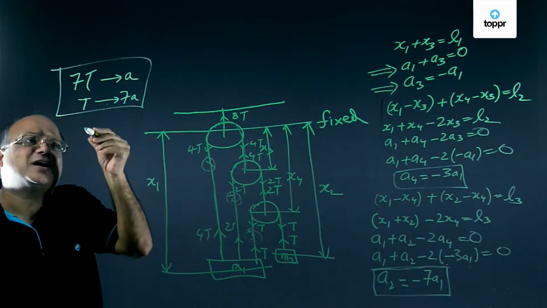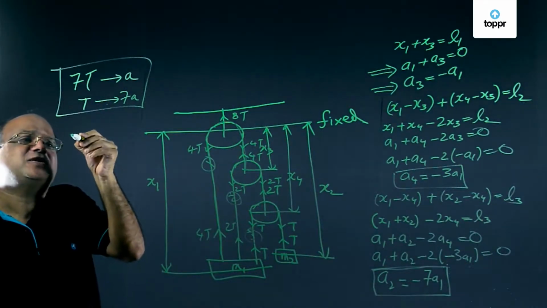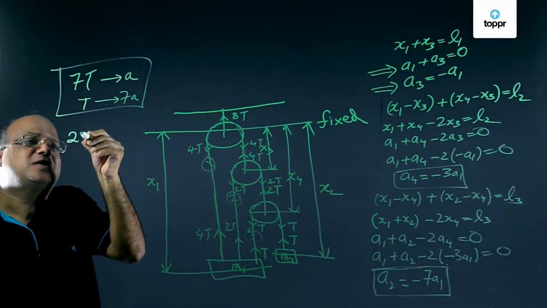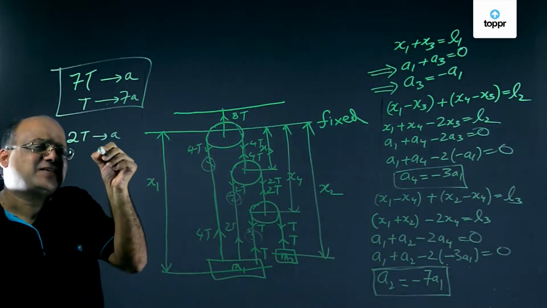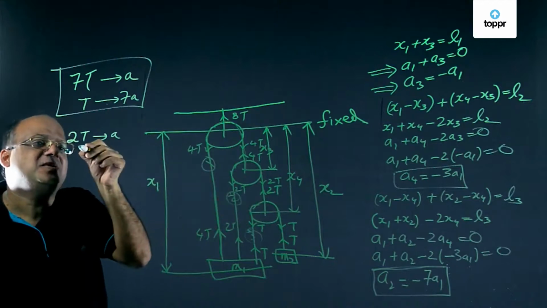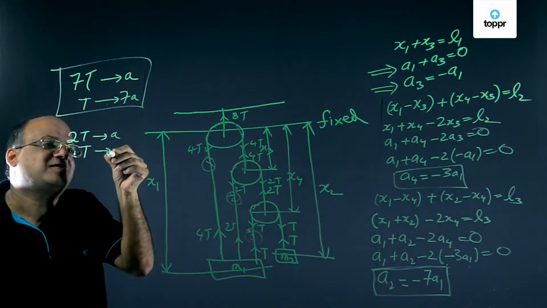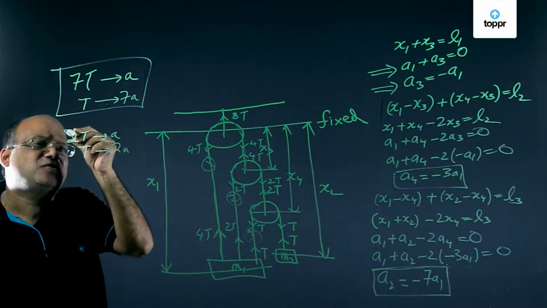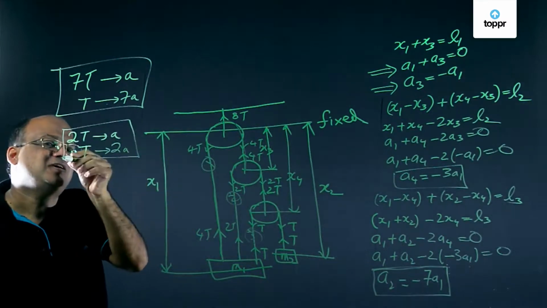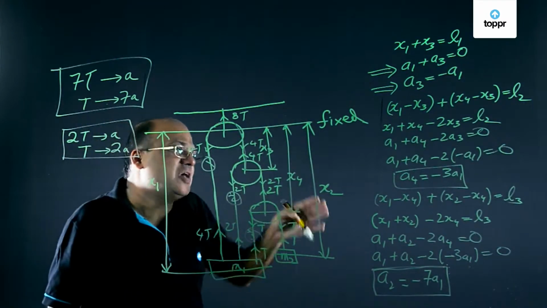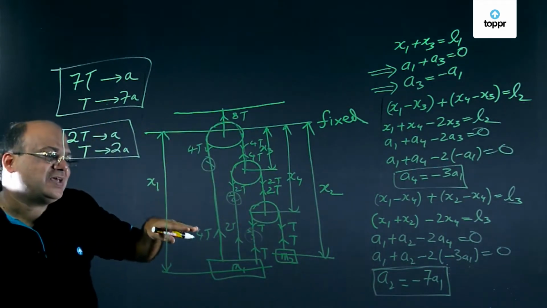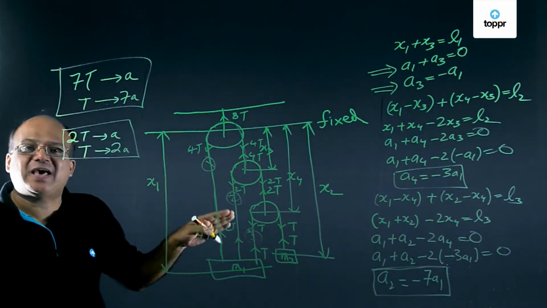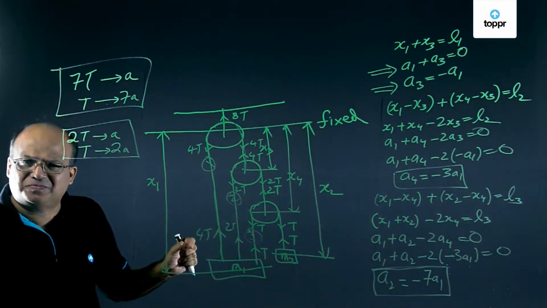Earlier we have learned that if somewhere the tension is 2T and the acceleration is A, then in that same pulley system, where the tension is T, the acceleration will be 2A. So this way we can get the acceleration relationship very quickly. But this is the proper method to get the relationship between acceleration of M1 and acceleration of M2.